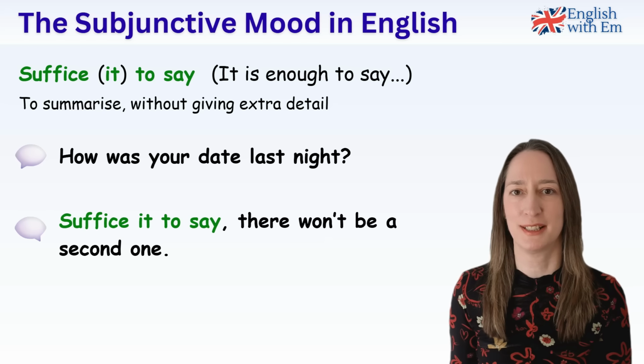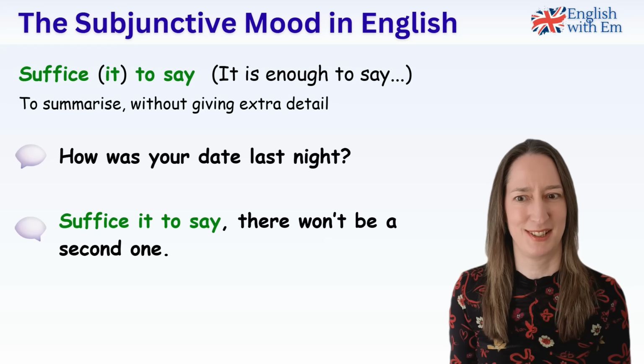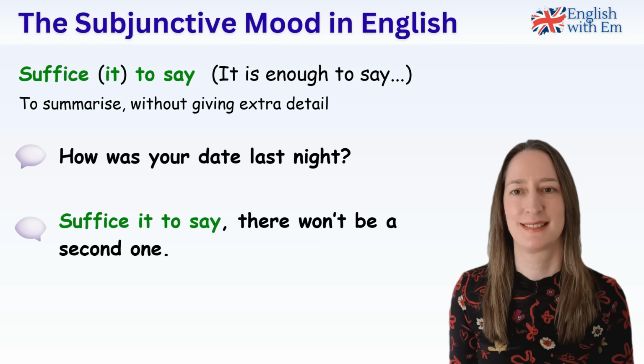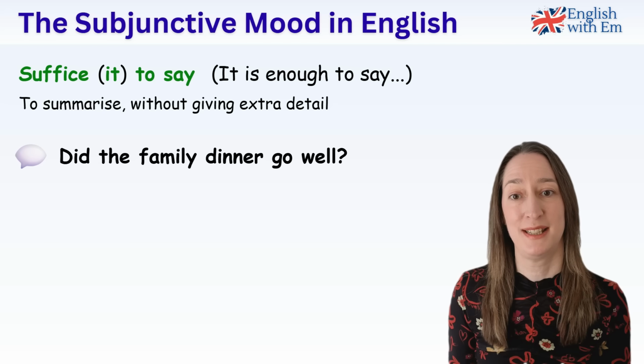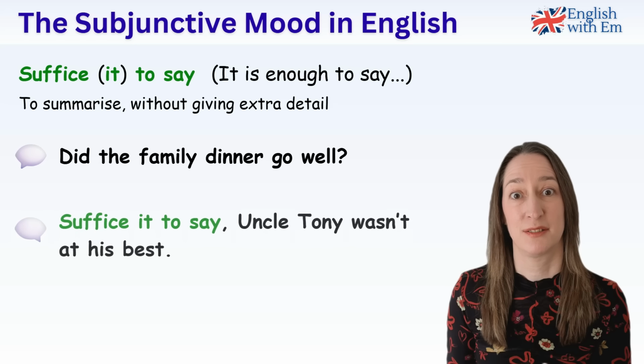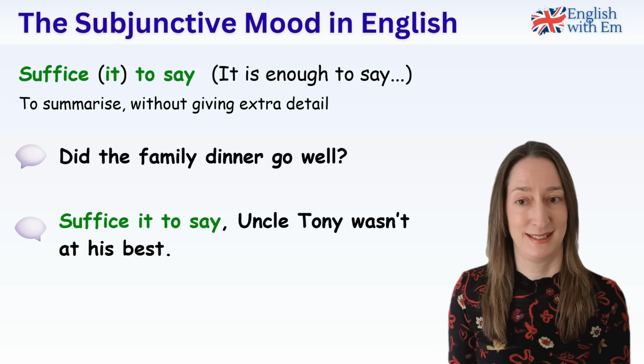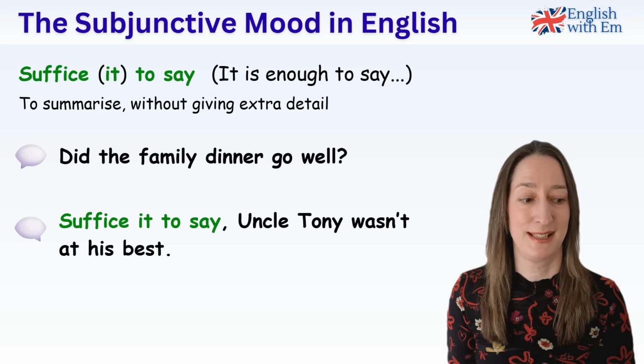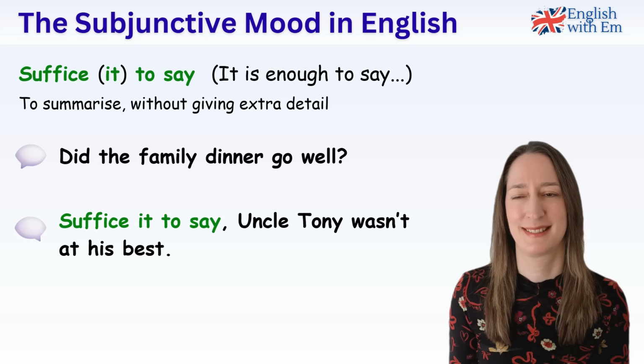So I'm not going to give you the details, but just the main point. Did the family dinner go well? Suffice it to say, Uncle Tony wasn't at his best. So I'm not going into detail, but this is the main point.